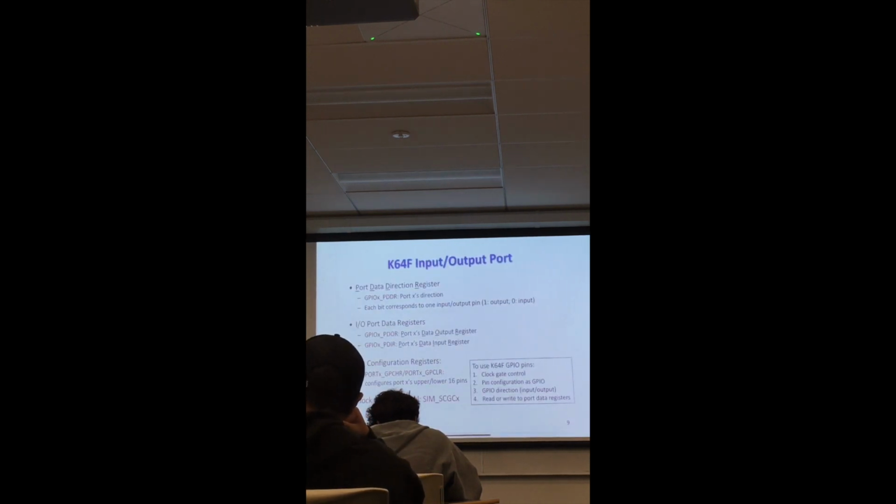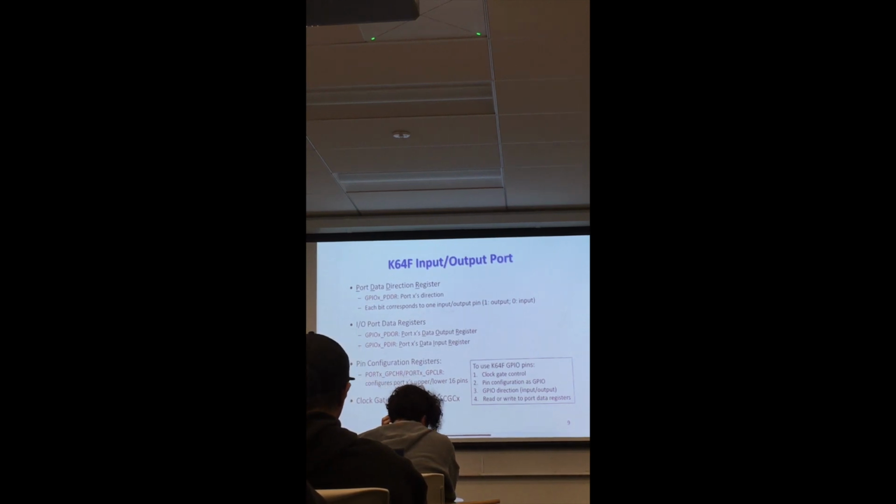Okay, so this is the type of questions that I'm interested in. So input-output ports, guys. We have to understand how to enter information into these registers and how we can use it. So which registers are needed to set up the general purpose input output? Remember that we have to provide a clock.